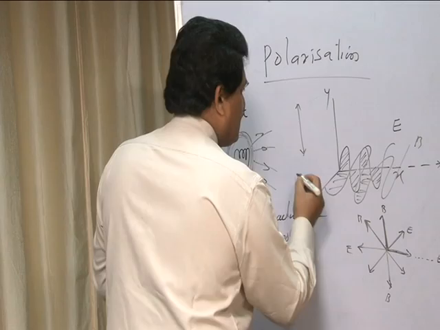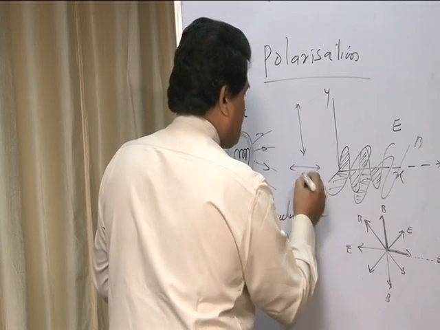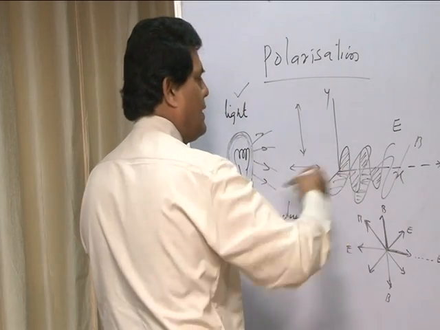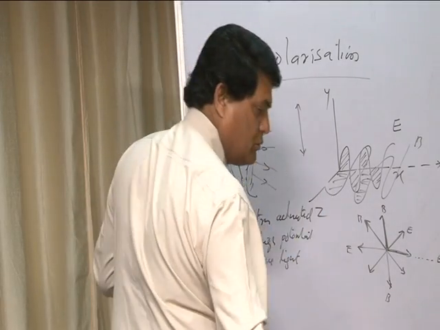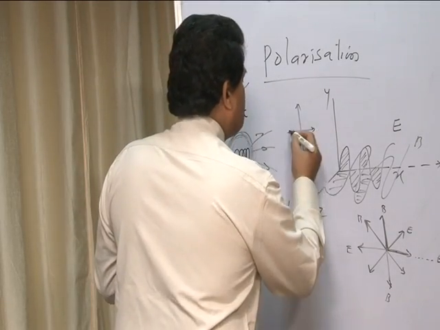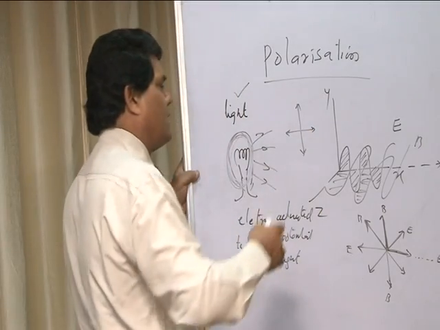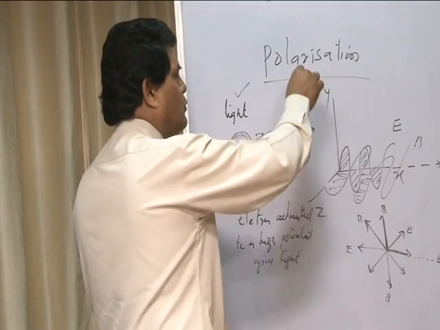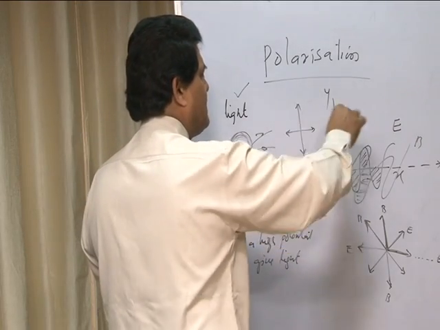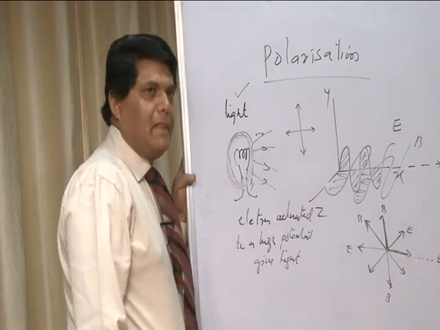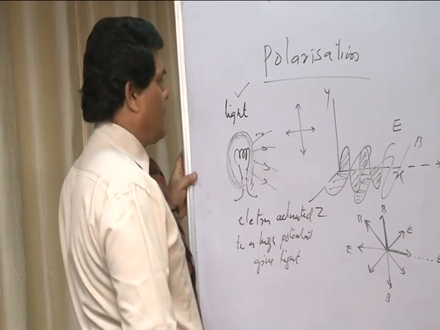Suppose I write a line like this, this represents the particles vibrating in a horizontal direction. If you put the two together, this represents the combined effect. There are particles moving along the vertical plane and there are particles moving along the horizontal plane, and so on and so forth.